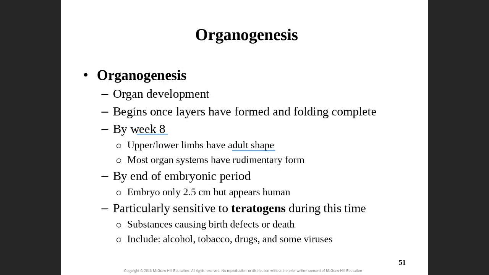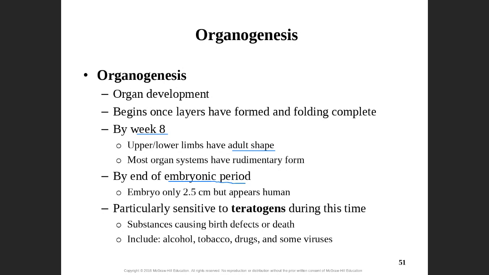So now it's time to kind of, like when you're baking something, you gotta let it cook for a little while. And during that time, we have to start to get development of the tissues and the organs of our organism here. So by week 8, we have just reached the end of the embryonic period. Now we're going to transition into the fetal period.